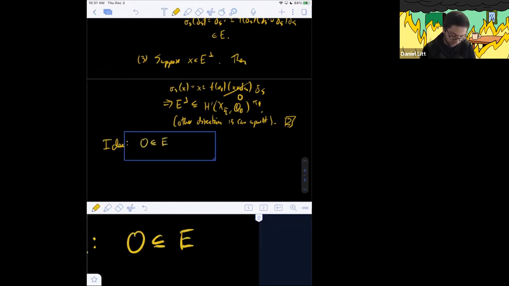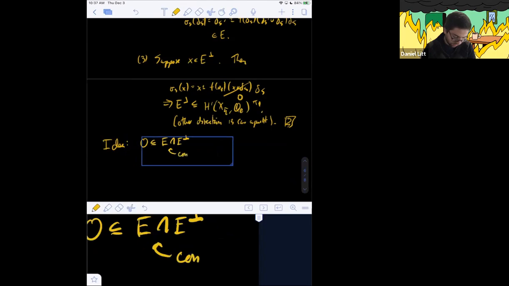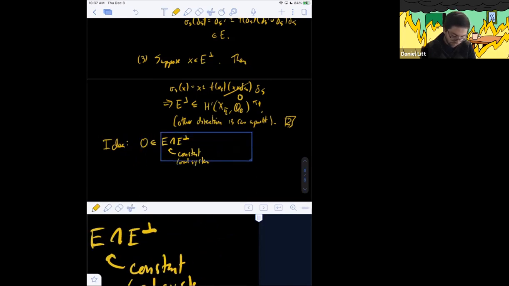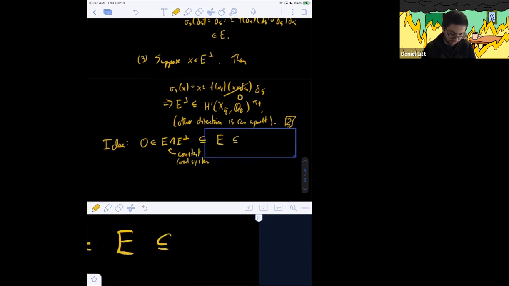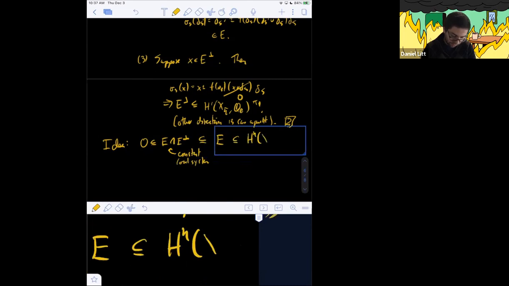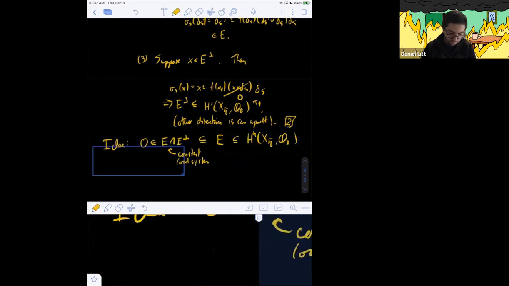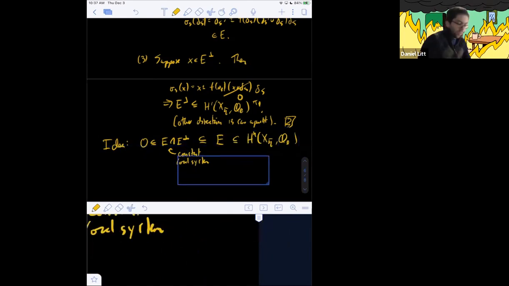So we're going to study E intersect E perp. This is now a constant representation. This is going to live inside of E, and then this is going to live inside of Hn x eta bar QL.